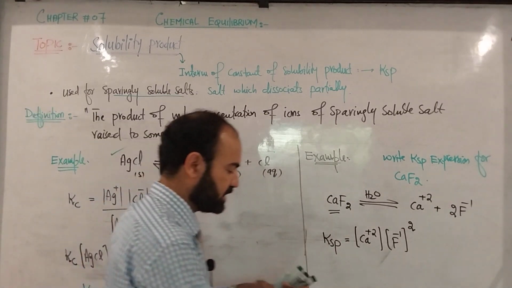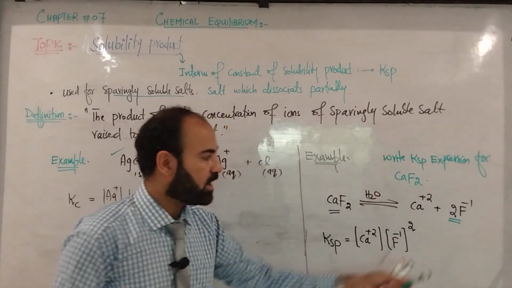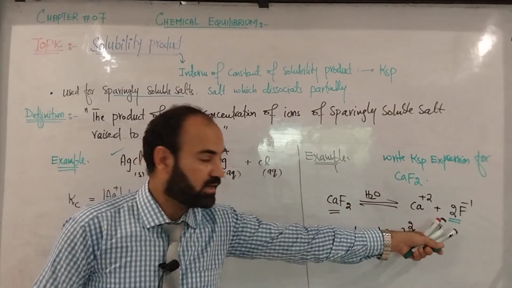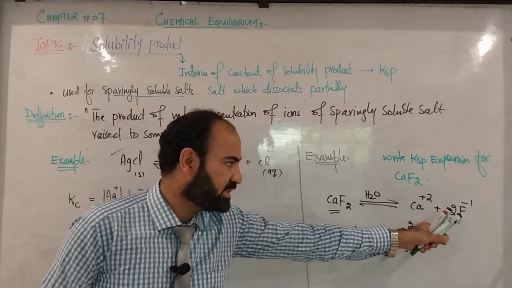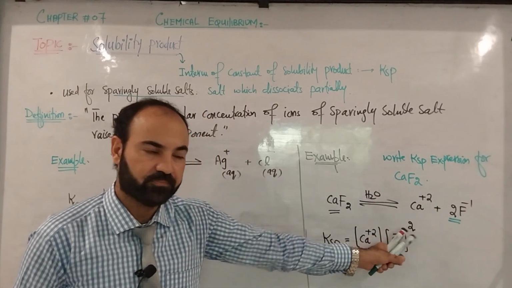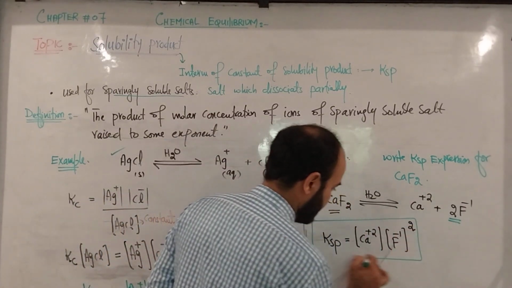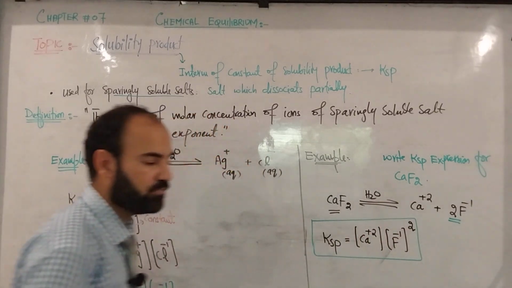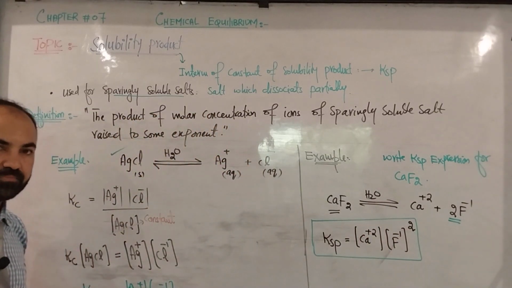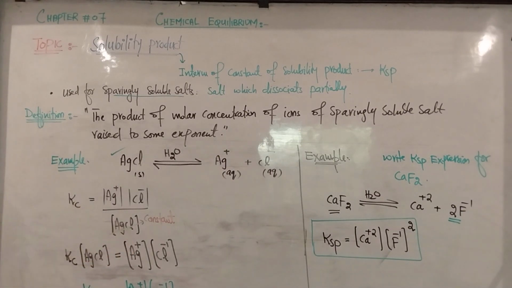What is the exponent? The number of moles of ion in the balanced chemical equation, the stoichiometric coefficient, is raised as the exponent. So this represents the Ksp expression of calcium fluoride. Okay, dear students, now we will take a numerical question.